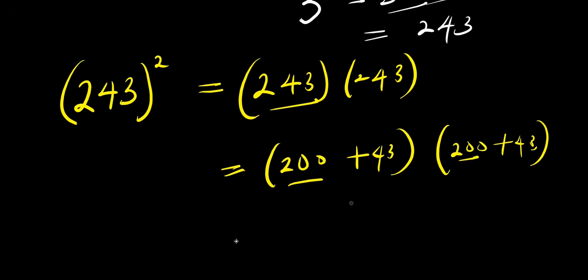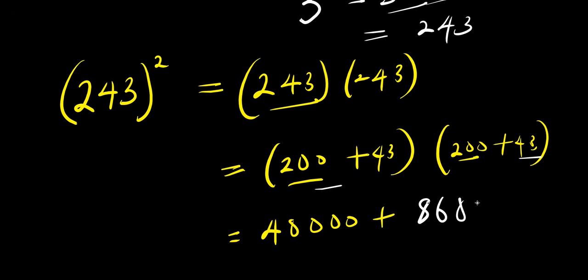200 times 200 will give you 40,000, because 2 times 2 is 4, so you have 4 zeros. Plus 200 times 43, we are going to have 8600, plus 43 times 200, we have 8600, plus 43 times 43, we have 1849.